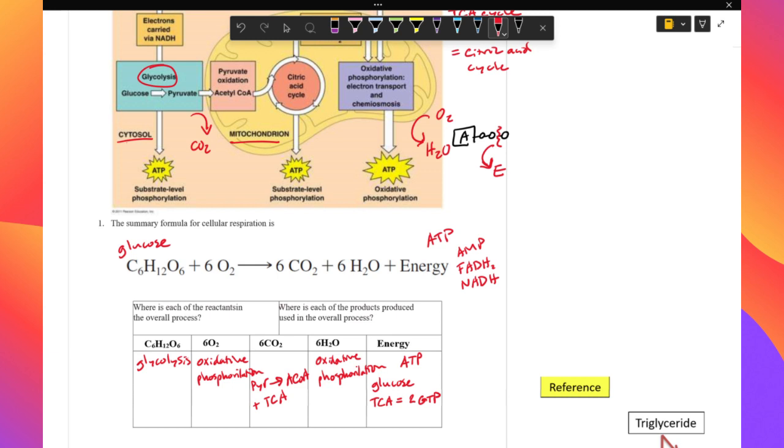The only difference between GTP and ATP is the base that it is bound to, adenosine versus guanine, right? So adenosine triphosphate, guanine triphosphate. And it also shows up in oxidative phosphorylation again.